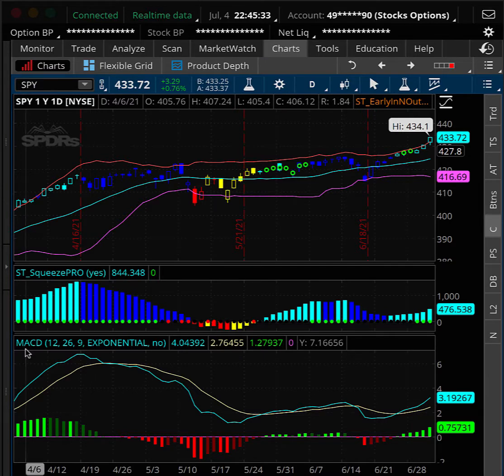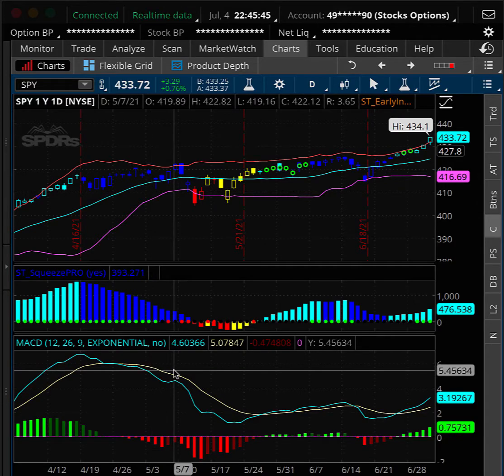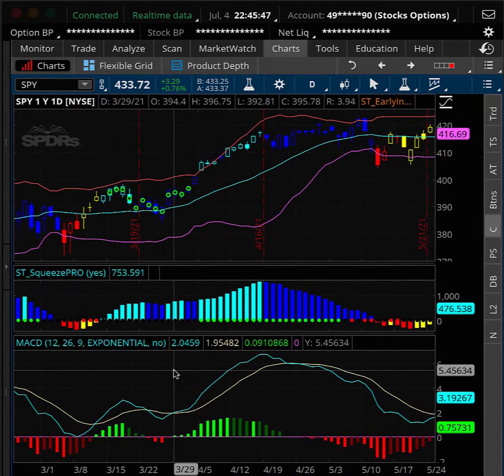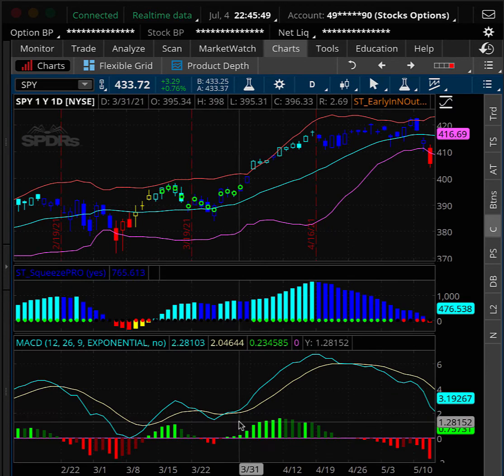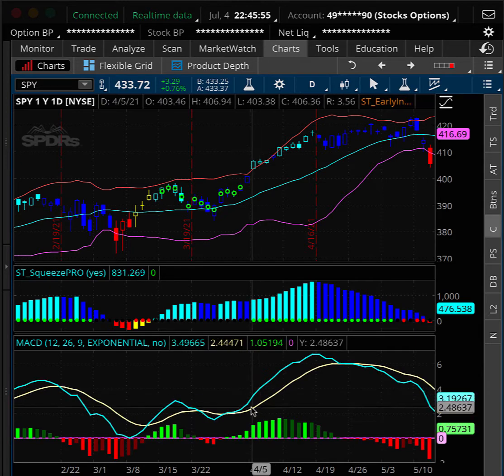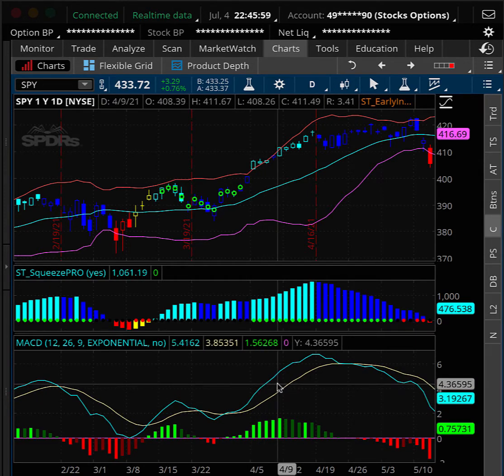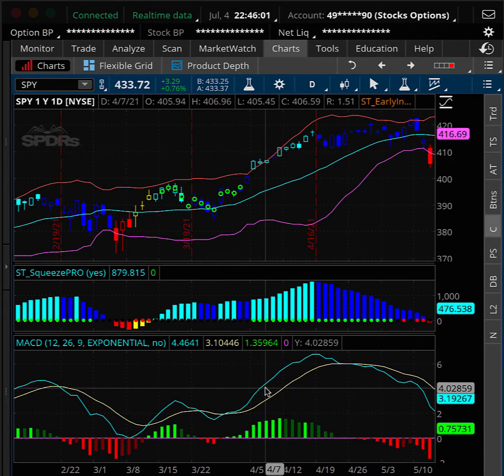Now, some people believe that the words convergence and divergence represent the separation of the lines. So for example, let me just scroll here as an example. When this shorter term line diverges from the longer term, the lines separate. And by definition, something that separates diverges.